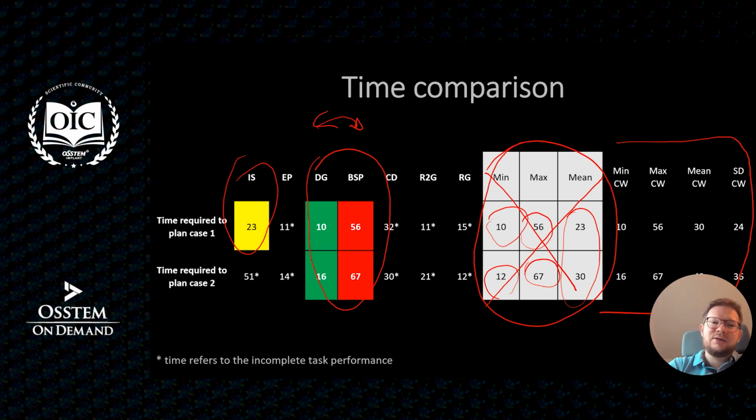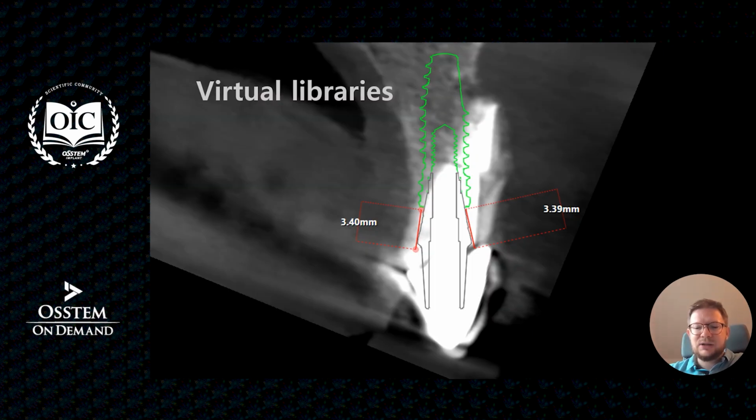Implant Studio is actually in the middle, and from this analysis. However, it was not available for case number 2, and that's interesting, because if we use the software, it would be nice if the software is user-friendly.